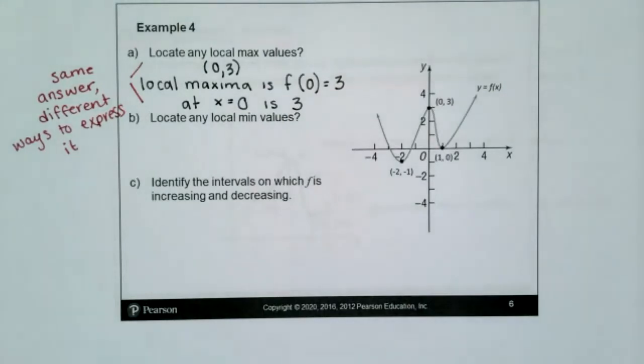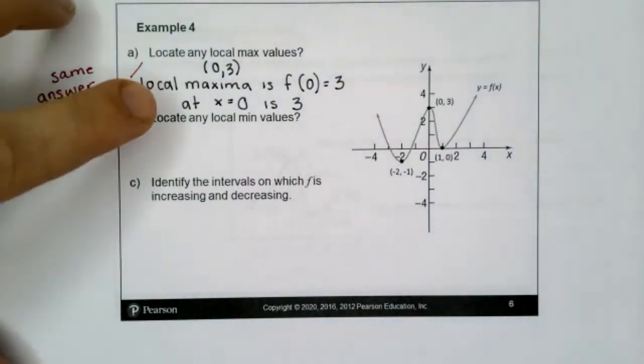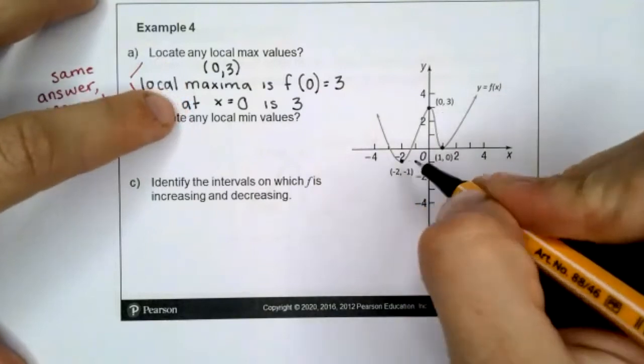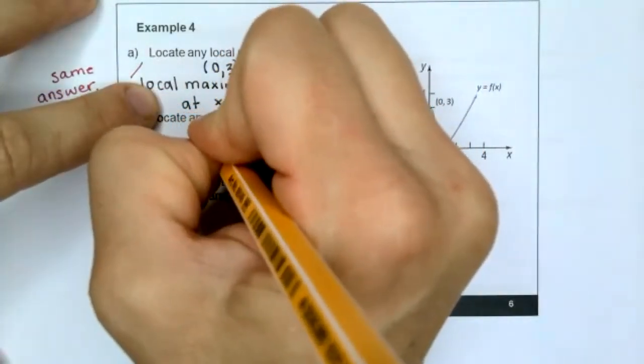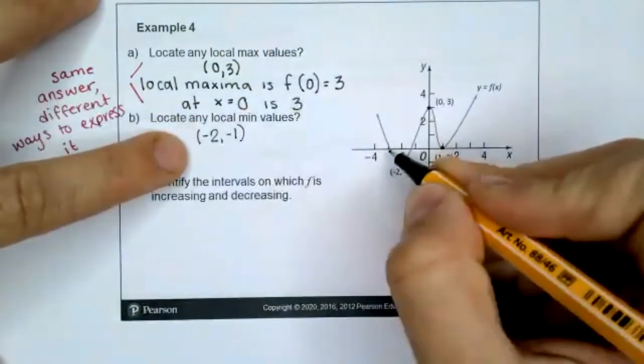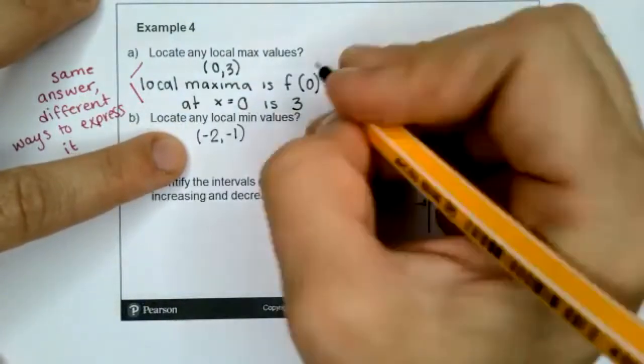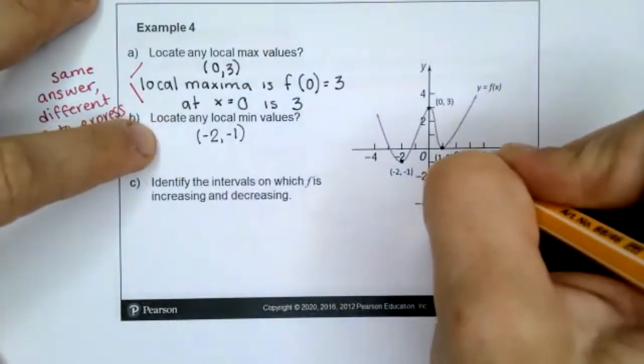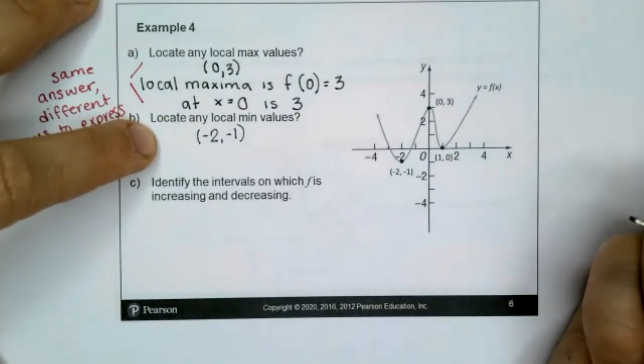All right. Local minimum, there are 2, right? So this is my local maximum. My local minimum is -2, -1, was it? Because it goes down and comes back up. And then 1, 0.